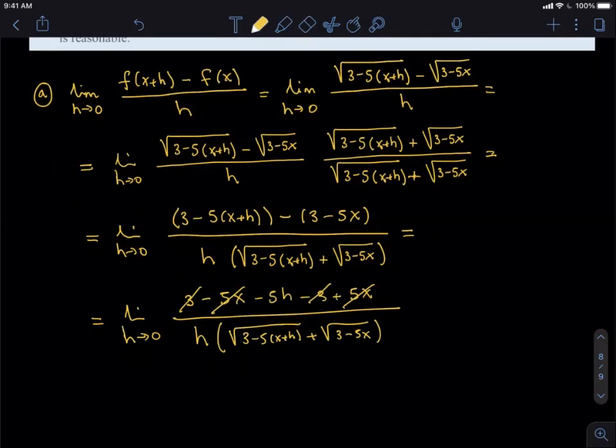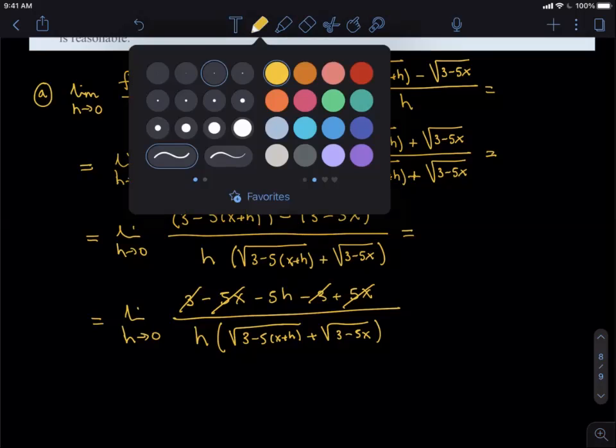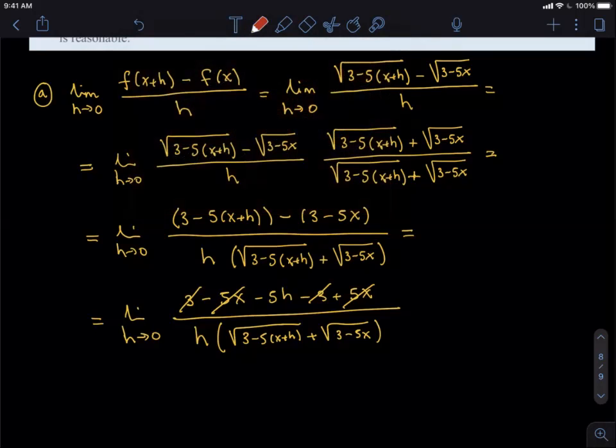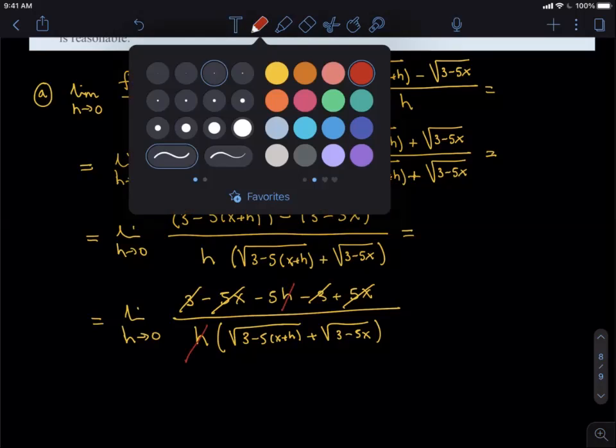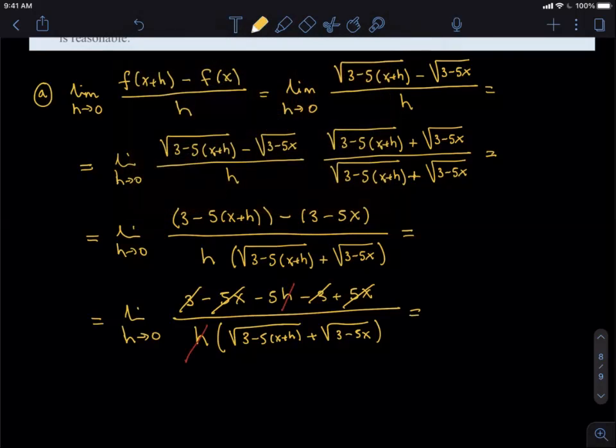Remember, if you're doing a derivative by the definition and you reach this point and there is not a lot of cancellation, something is wrong. You need to go back and see that the computation is correct. Okay, and now the h's also cancel out. And I can take the limit because now there is no longer any indetermination here.